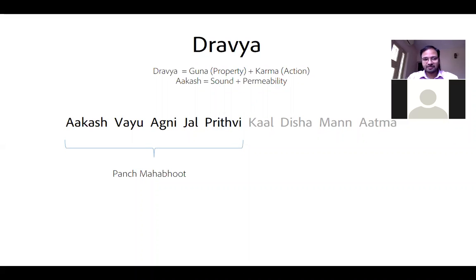And at the same time, if we conceptually understand Akasha, it is one element that helps manifestation of guna of all other 3 elements. And when we say 3 elements, it is Vayu, Agni, and Jal. We'll talk about why Prithvi is not a part of this.